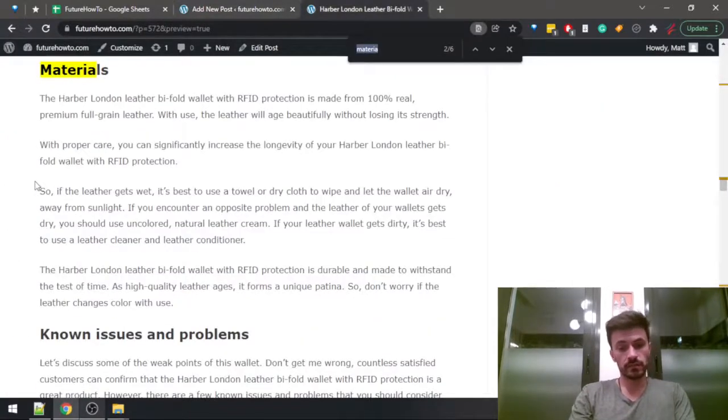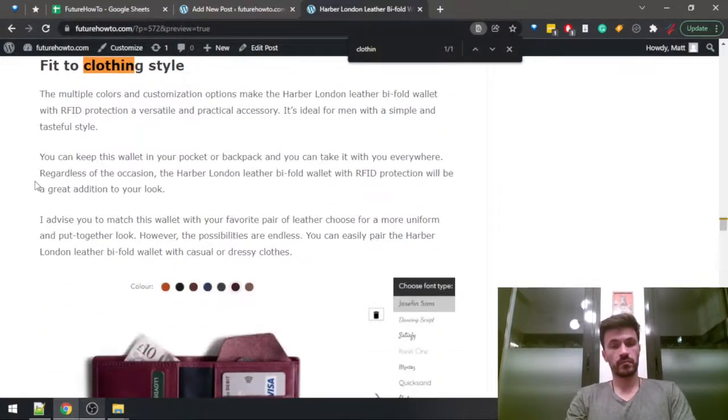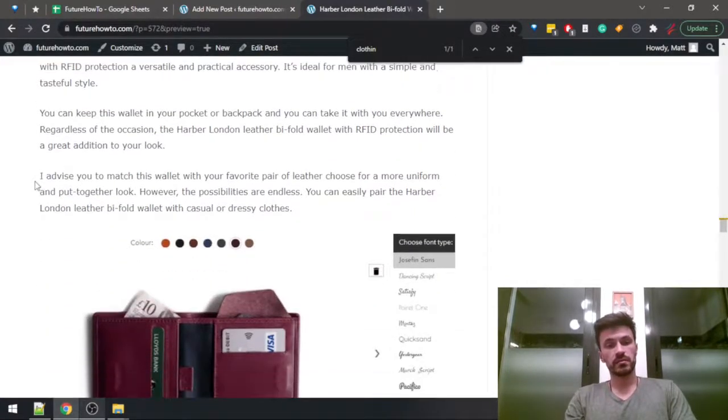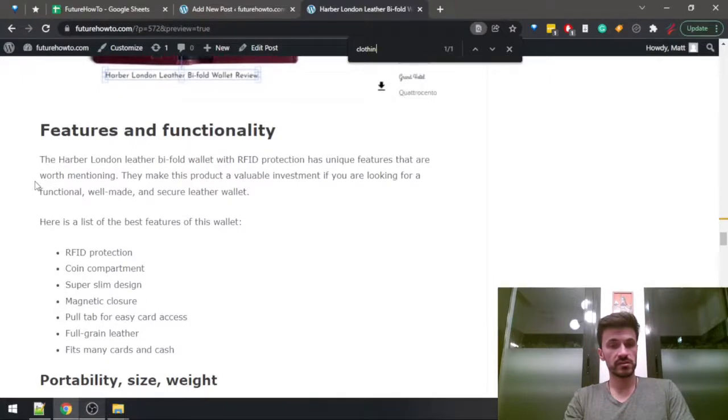Clothing style: tasteful, maybe more classic, which is not something I've done here.